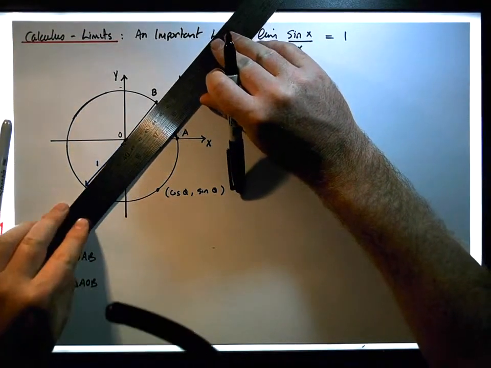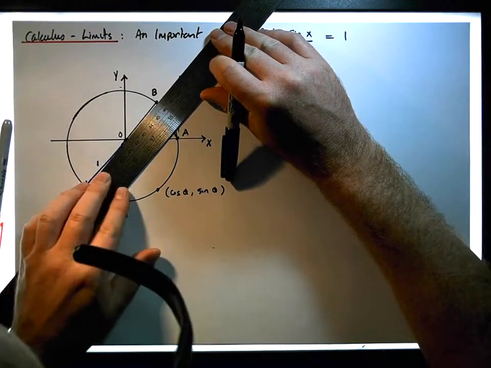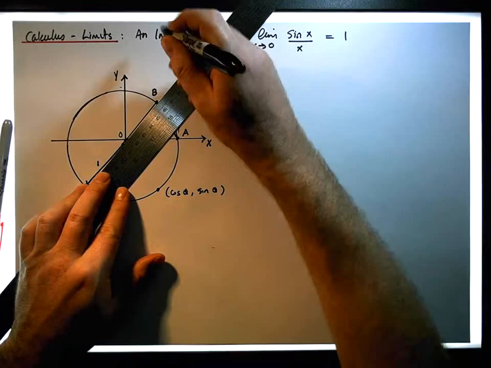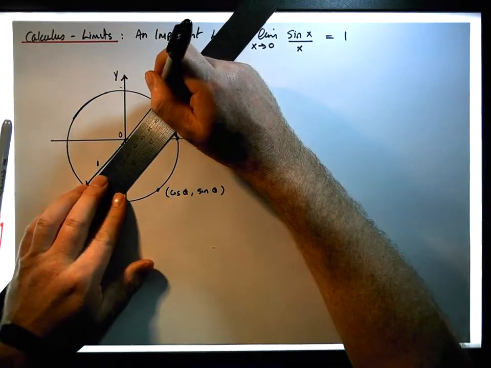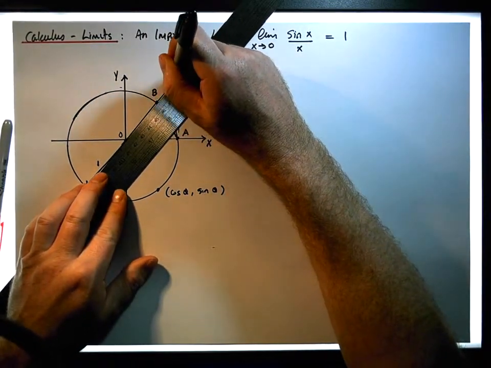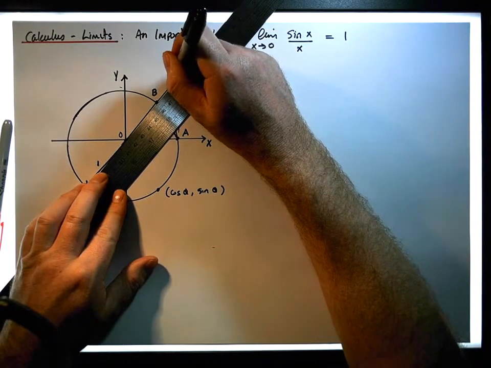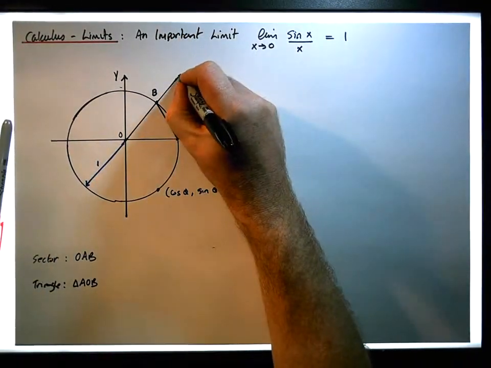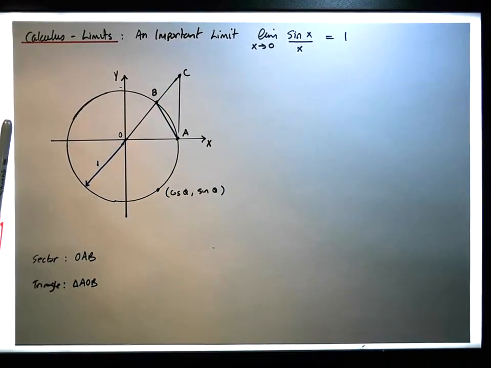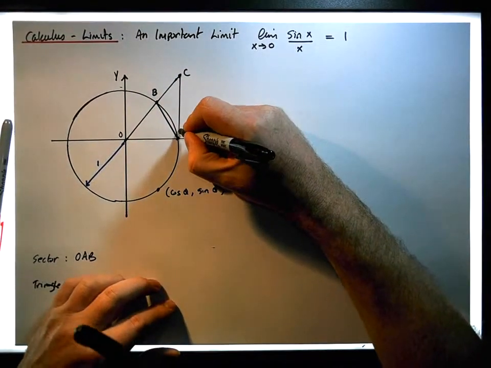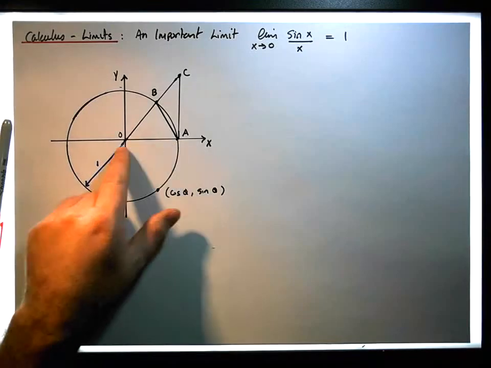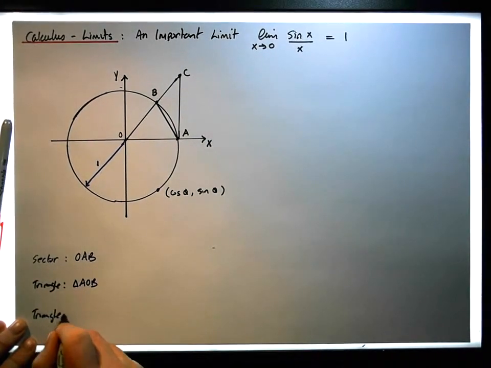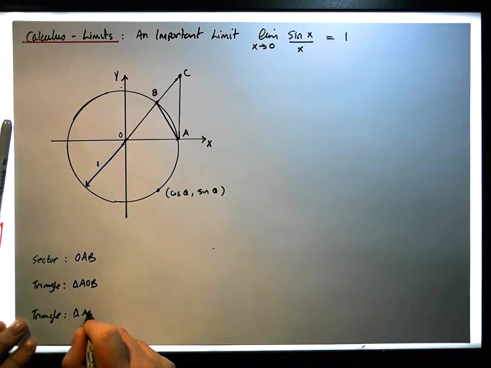Just a little bit of construction so that we can attack the problem. Let's call this point C. So we have another triangle, the triangle AOC.